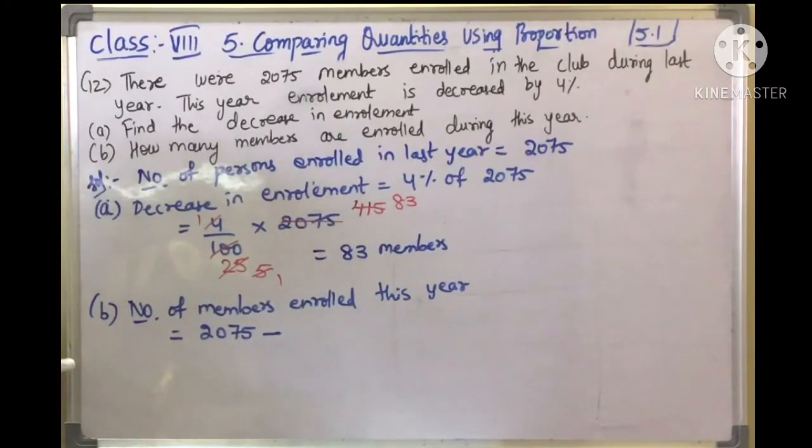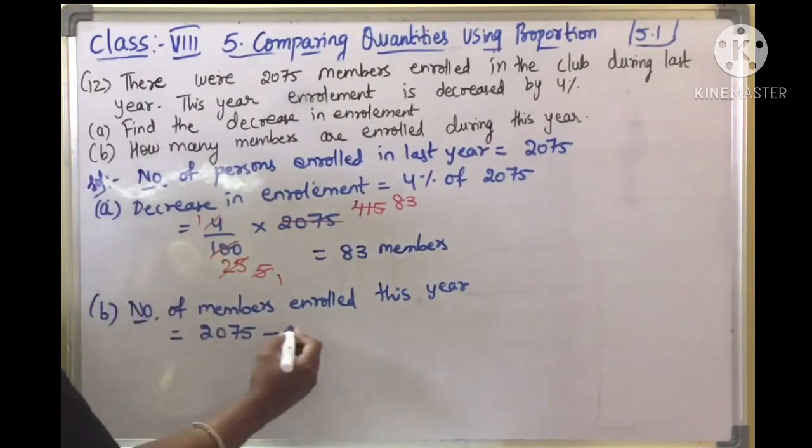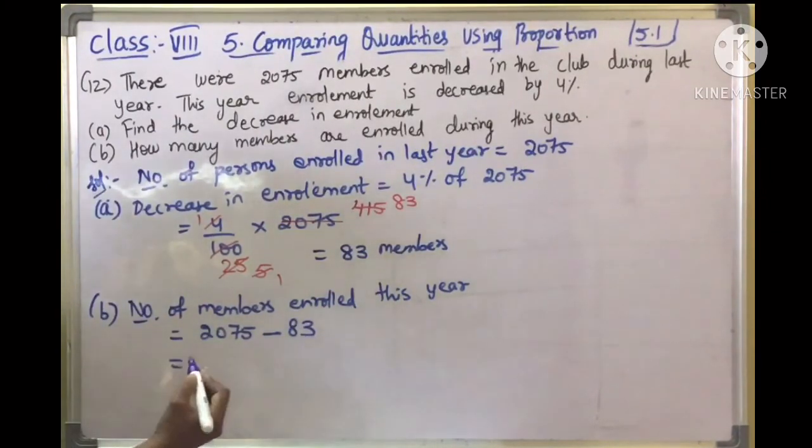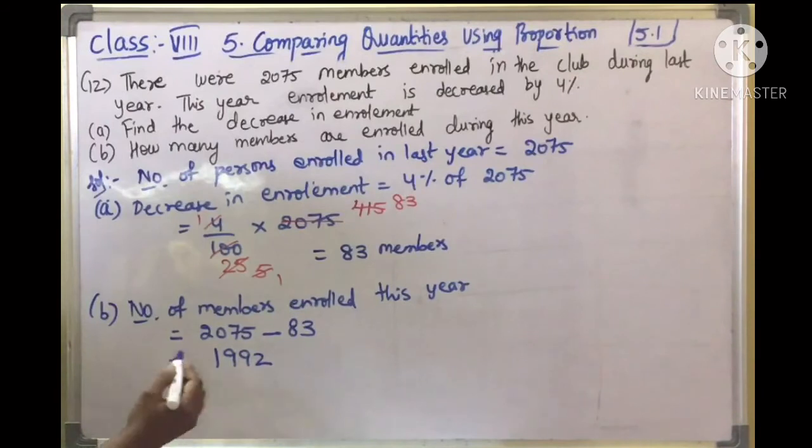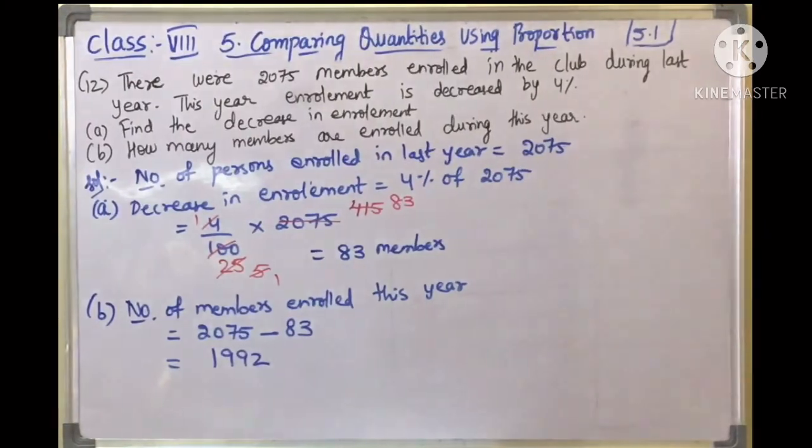How many members decreased? 83. So when you subtract 83, 2075 minus 83, you will get 1992. So here in this year number of members enrolled are 1992.